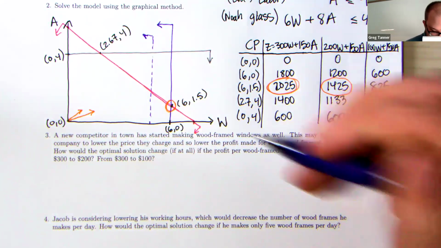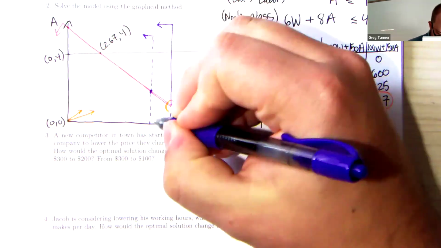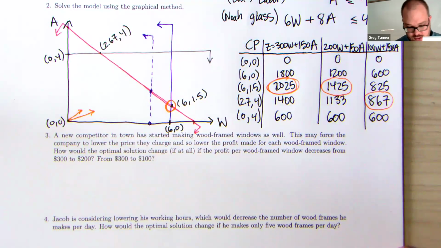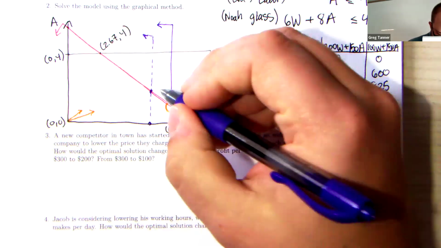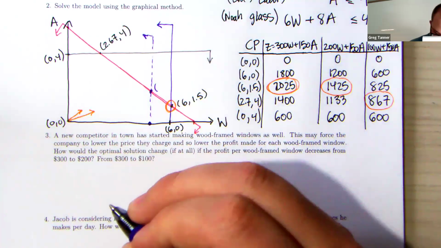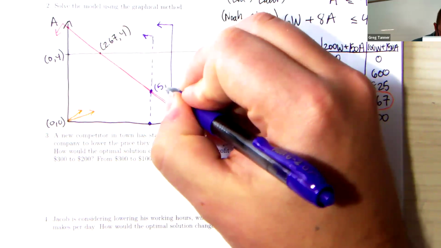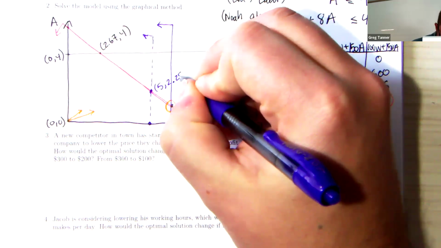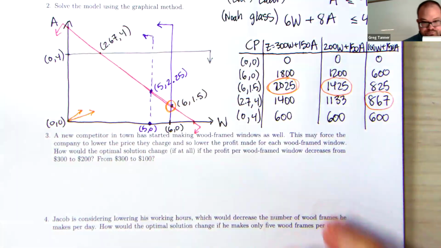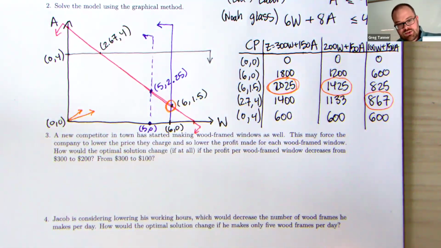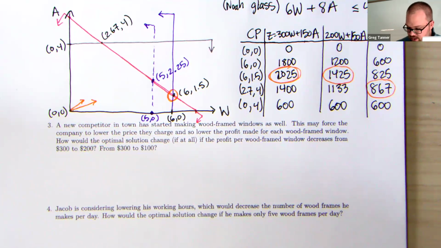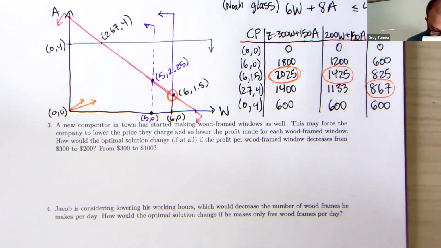Now we've got a new corner point here. We've also changed a corner point here. Let's figure out what those new corner points are. The new corner point here ends up being 5, 2.25, and then we've got 5, 0 down here. With those new corner points, let's check their objective values.